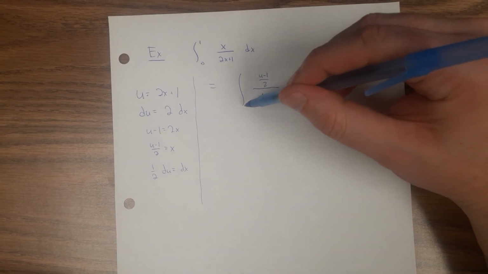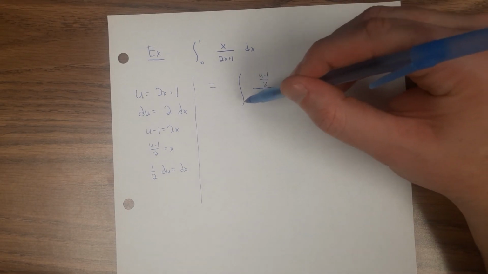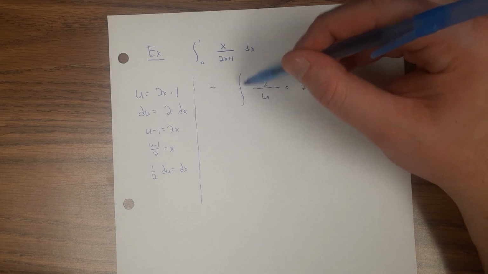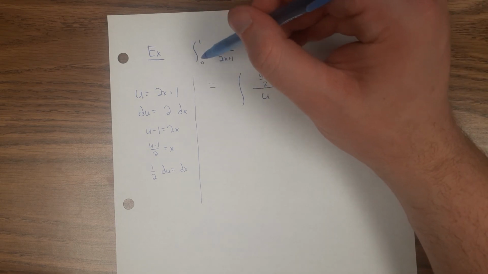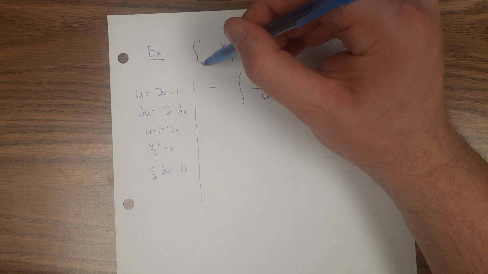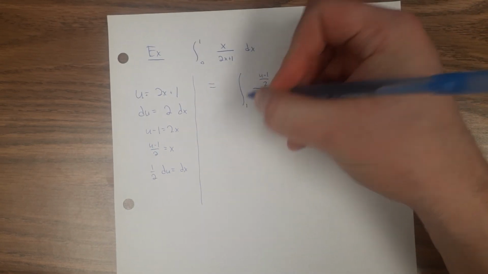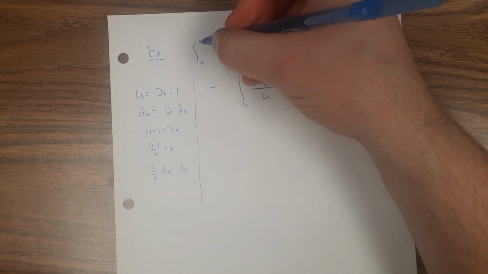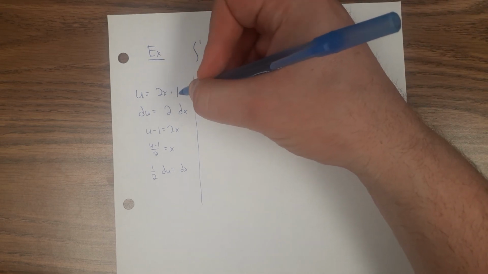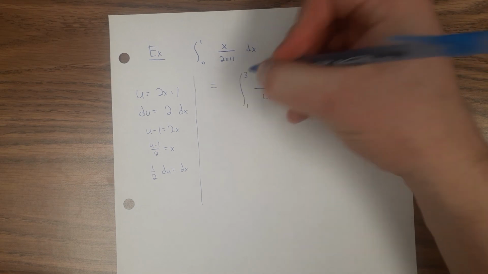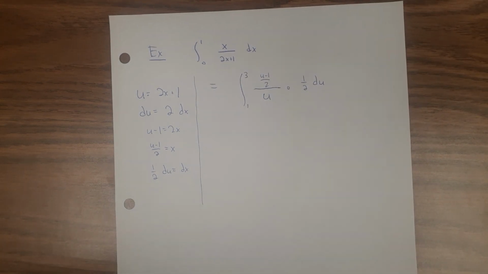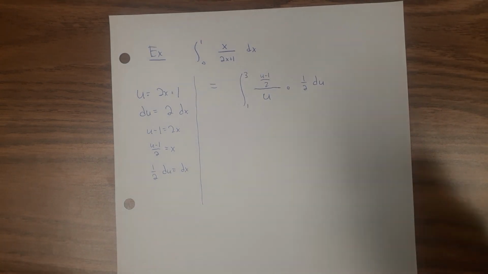But before I forget, I should change the limits. So these numbers should be the u values that correspond to these x values. So corresponding to this x value, if I plug it in, I get u equals 1. And corresponding to x equals 1, u would be 3. So there we are.